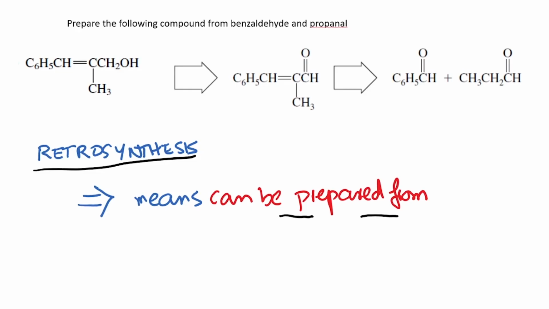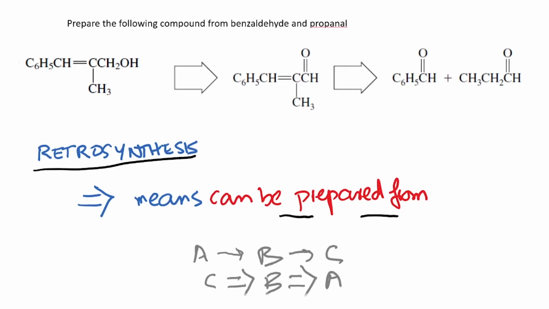So for example, if in a particular synthesis scheme, you would write A goes to B goes to C, in the retrosynthesis, you would write it as C is derived from B, which in turn can be derived from A.